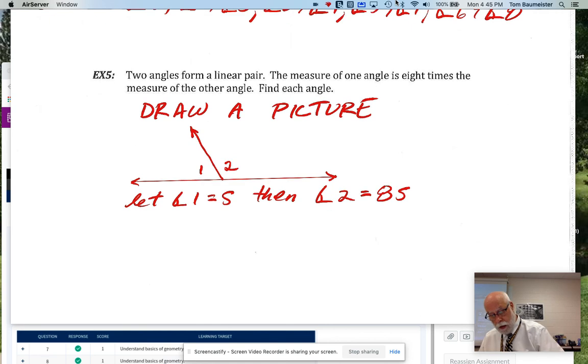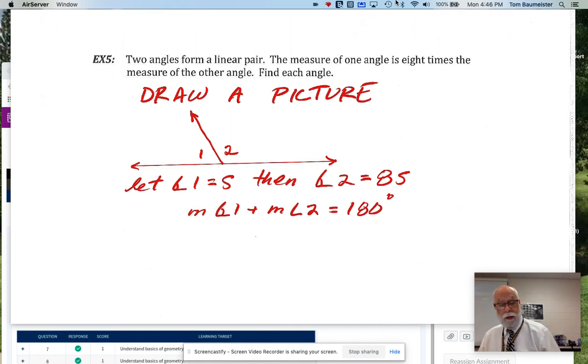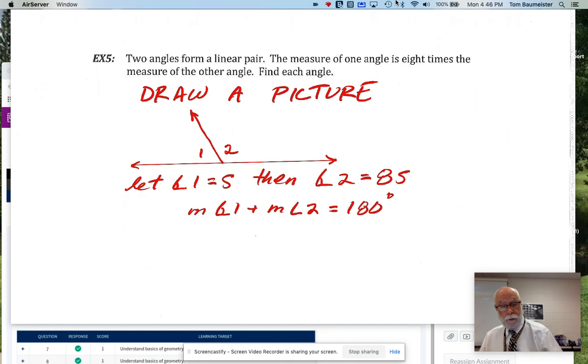All right? So remember, what we're saying then is that the measure of angle 1 plus the measure of angle 2 is equal to, again, they're supplementary, so we know that it has to be 180 degrees. And again, knowing the fact that a straight line is 180 degrees, a straight angle is what we call it, remember?